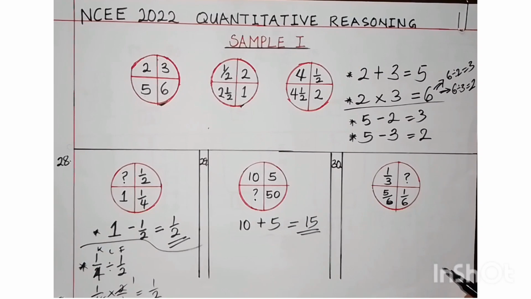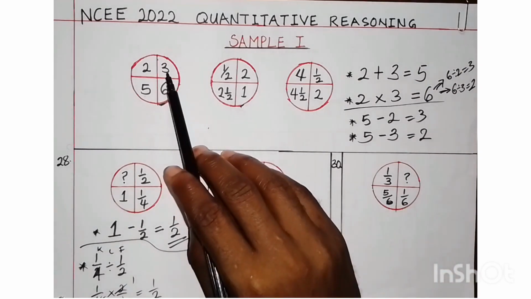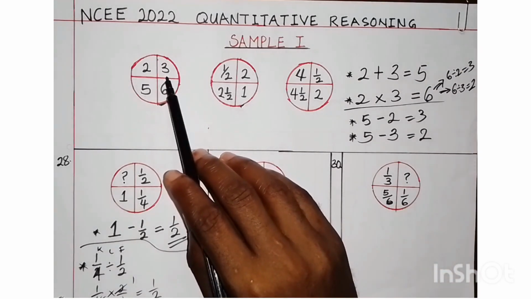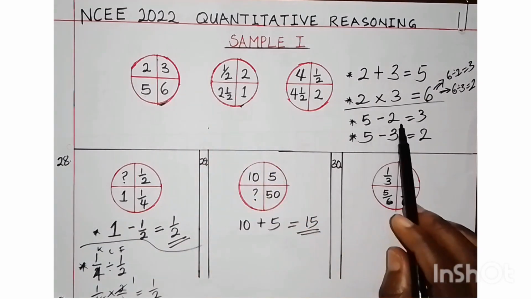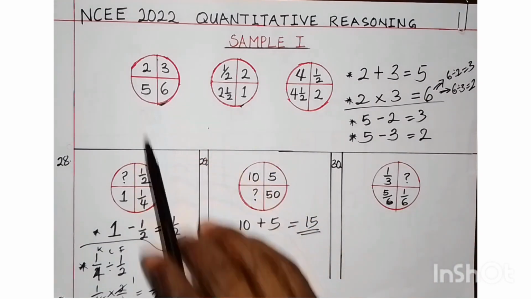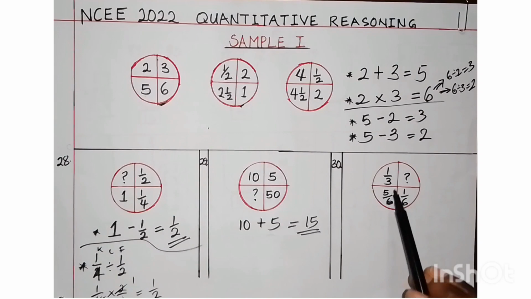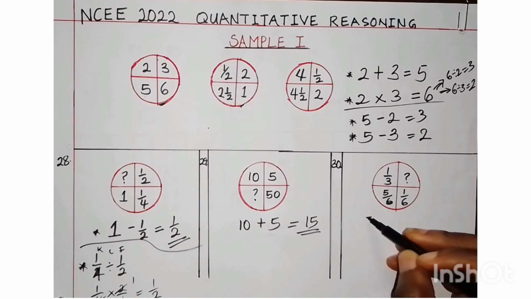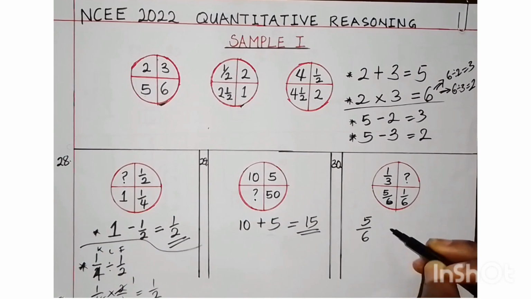Then number 30, we have the other component that is 3 in our analysis. So how did we get the 3? We did 5 minus 2. So we're going to do 5 over 6 minus 1 over 3. We do a subtraction of fractions.